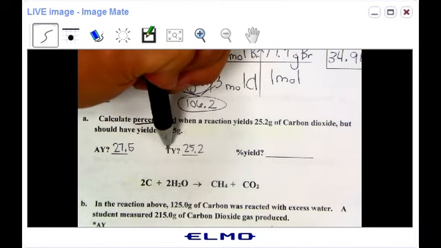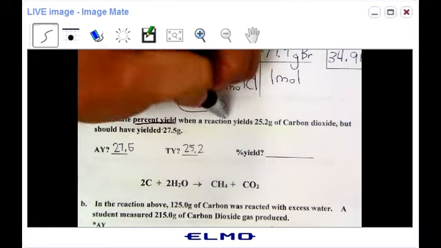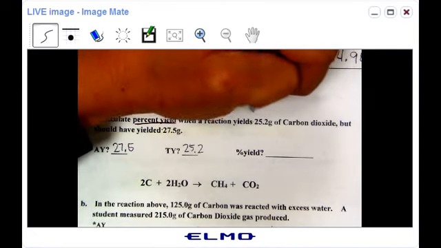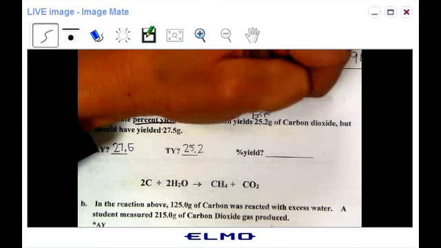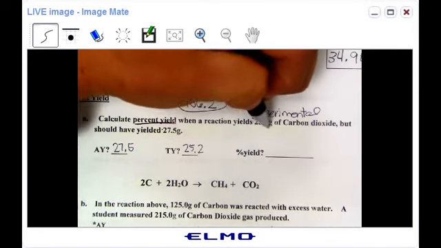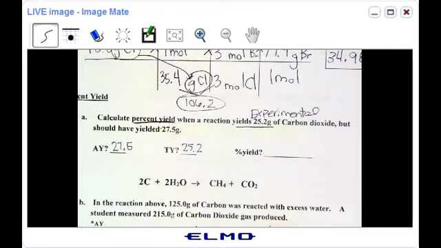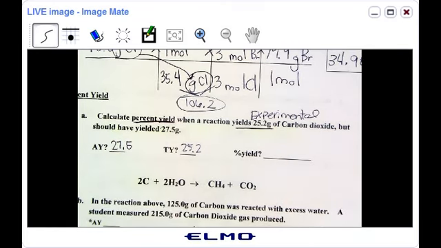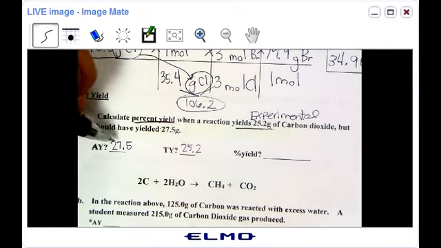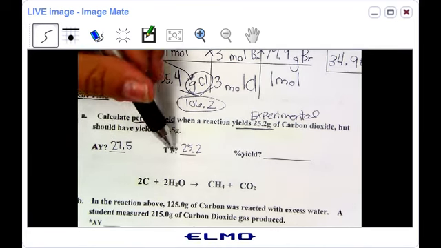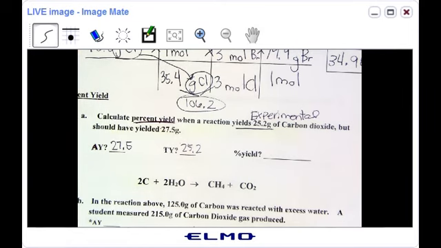So your theoretical yield, you can consider it being the experimental number. If you had an experiment and this is what you got, but you should have yielded this. This is what you actually should have gotten, okay? But instead you got this. So you divide them by 2 and multiply by 100.